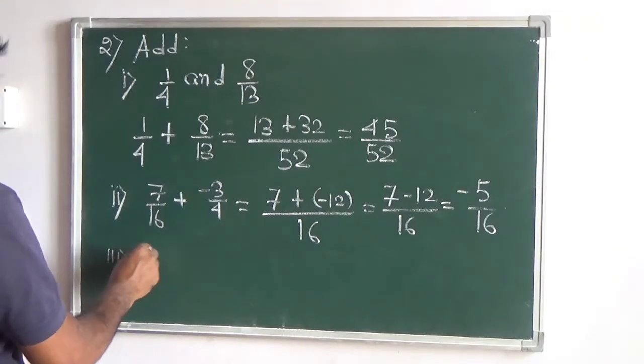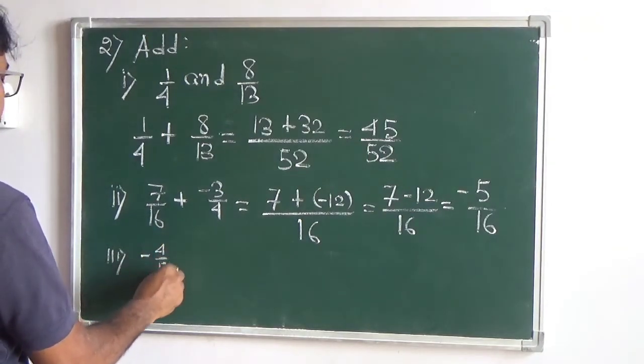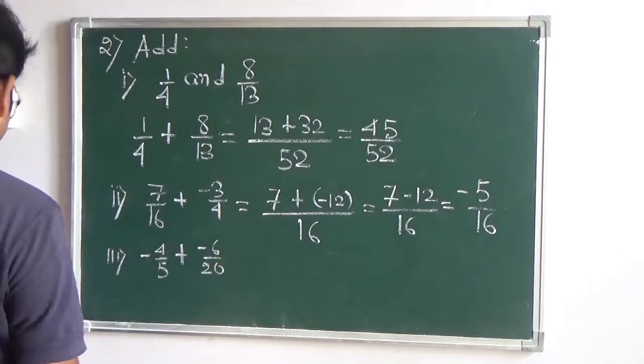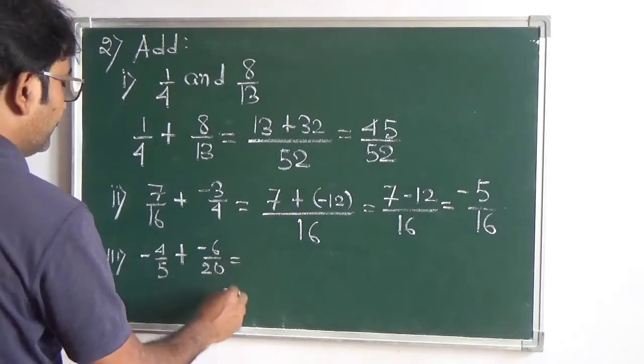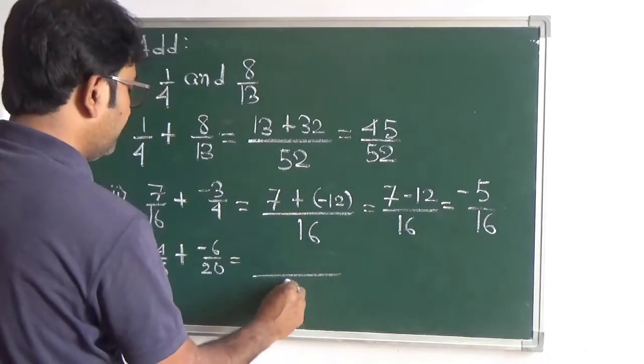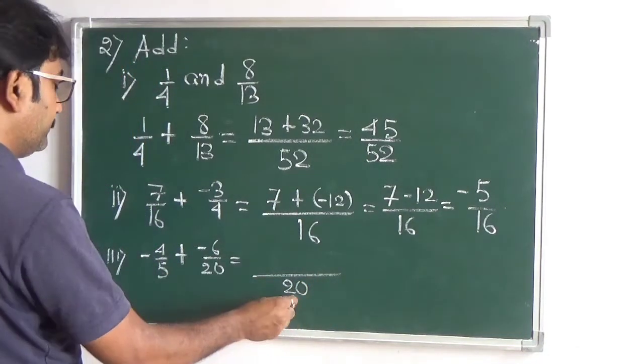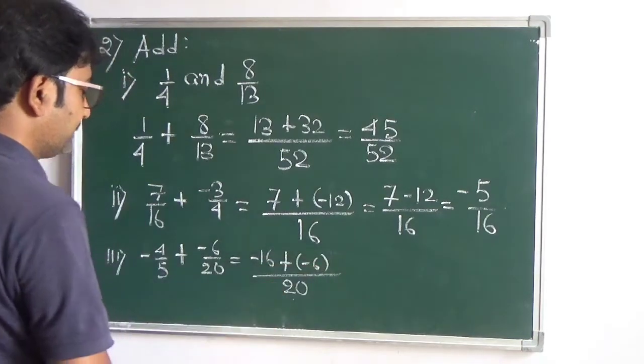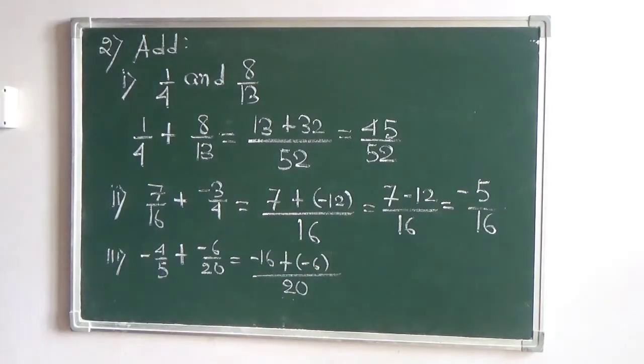Number 3: minus 4 by 5 plus minus 6 by 20. Here the LCM obviously will be 20. So 5 into 4 is 20, and 4 into minus 4 is minus 16, plus minus 6, as 20 is the same.